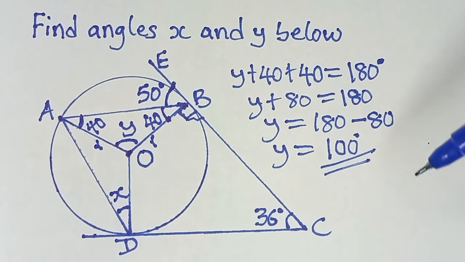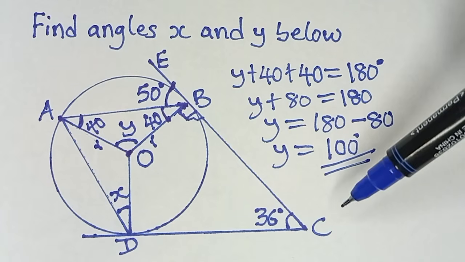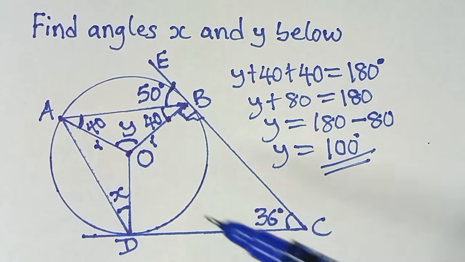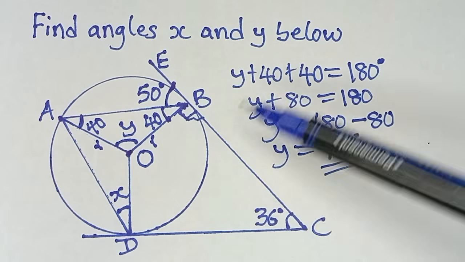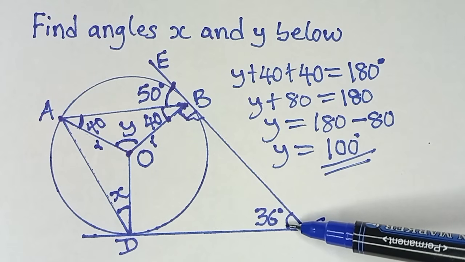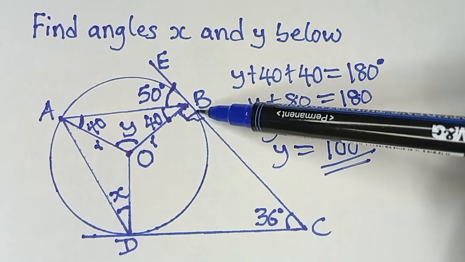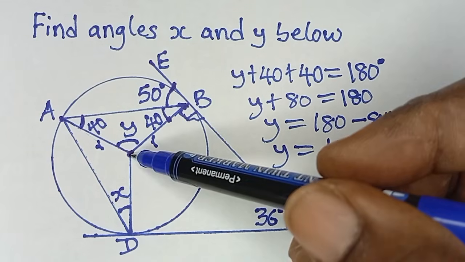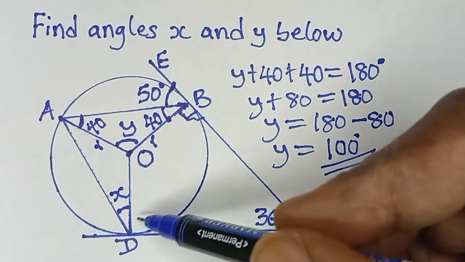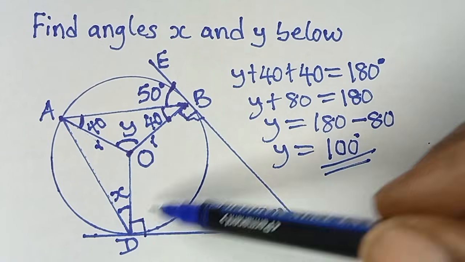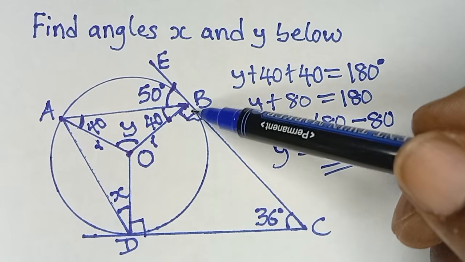So the value of angle Y is 100 degrees. So that angle is now settled. Now let's move on to angle X. Now, if you look at this 36 degrees, and then you know that this is 90 already. Similarly, this is a radius onto a tangent. So this is also 90. So this is 90, 90, 180.